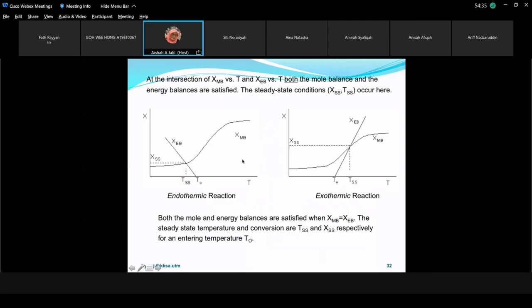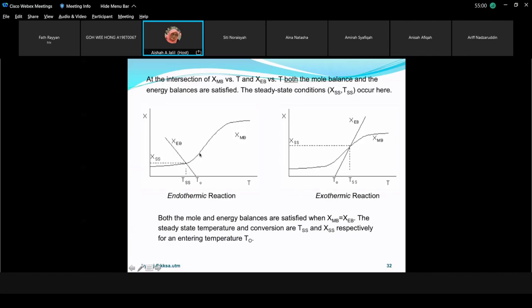Okay. If you are smart enough, you can predict where the intersection is, and then maybe you no need to plot, because for this plot you need time to calculate all the data, and then you plot the graph, right?